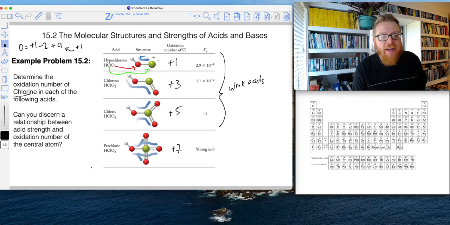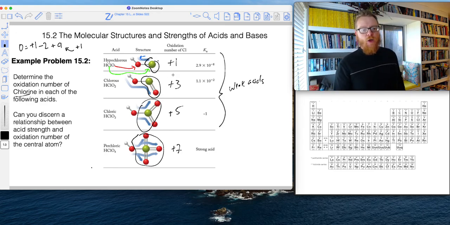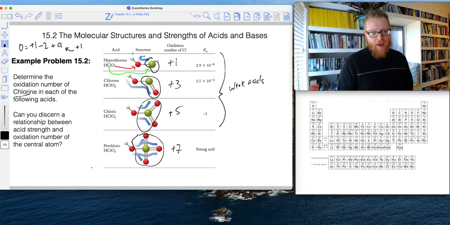So what we're really interested in is this chunk of the molecule that I'll circle for all of these examples.